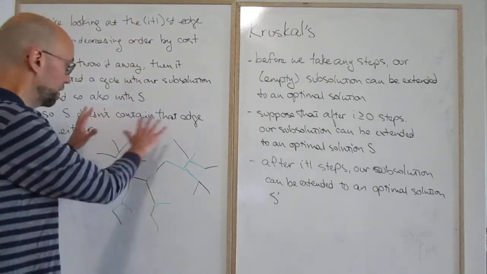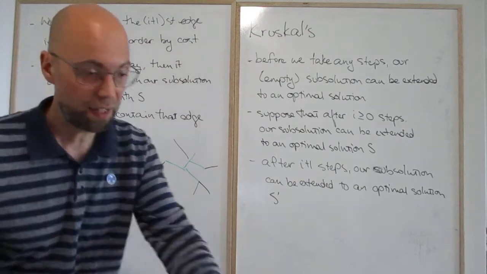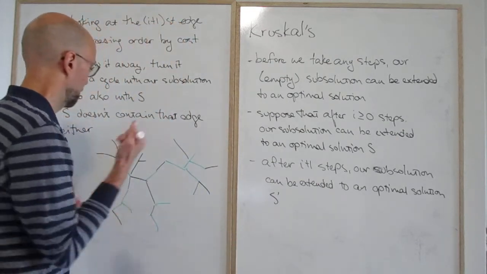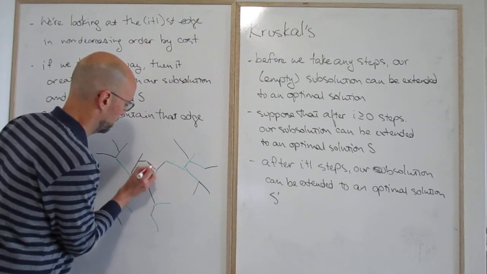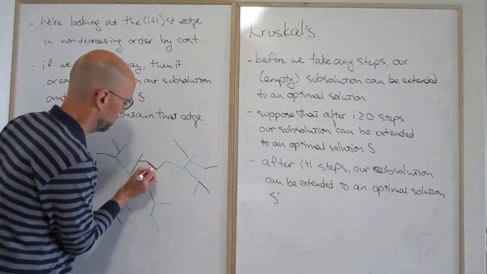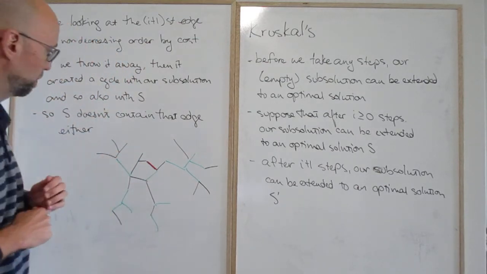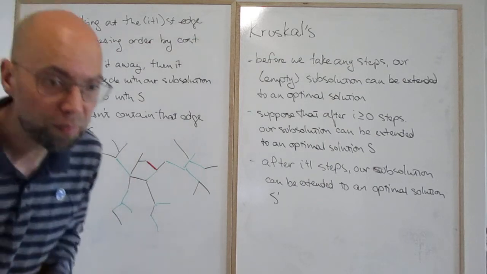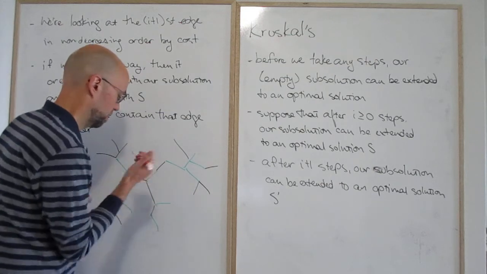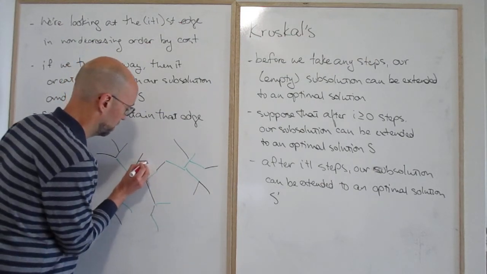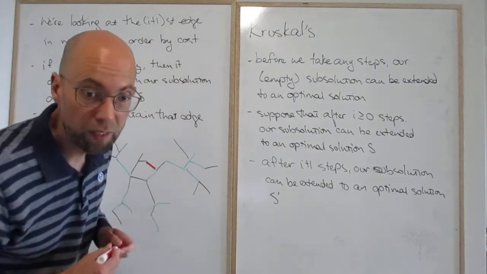In black are the edges that S takes to complete the solution. And in red, which is unfortunately covered with black at the moment because I was writing over black edges, can you see that it is red? It's pretty red. Yes, okay.